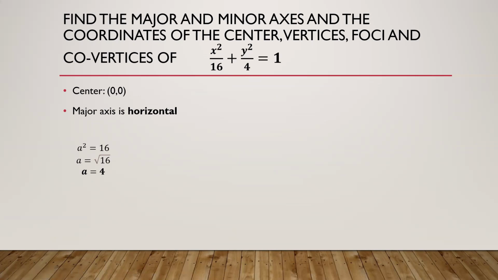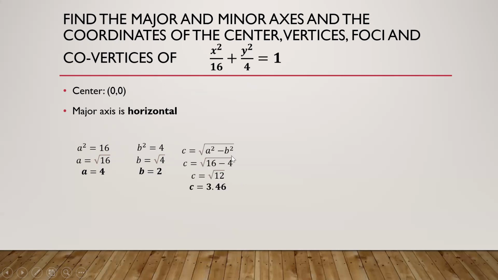Next, we have to find A, B, and C. For our A, we already know that our A squared is 16. So we simply have to find the square root of 16, which is 4. Next, for our B, we do the same. We take the square root of B squared, which is 4. So the square root of 4 is 2.